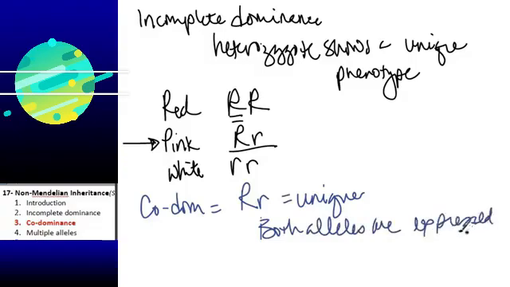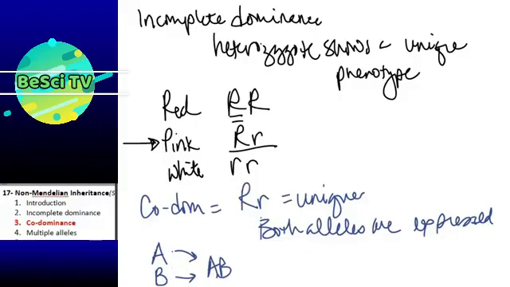I have two examples of this. First of all, you have blood type. You can have type A blood, you can have type B blood, or you can have type AB blood. This is an example of codominance because both A and B are dominant alleles. And if you have type AB blood, you've got both of those alleles present, you have a different phenotype that is the full expression of both of those alleles.